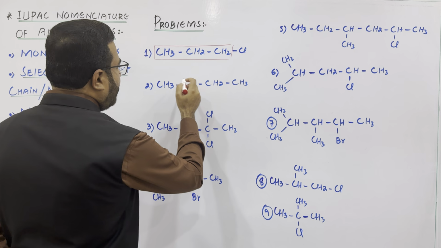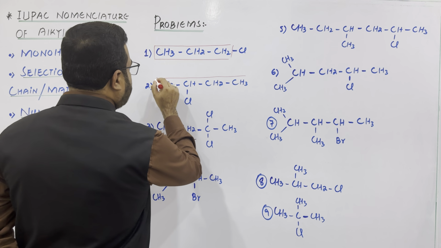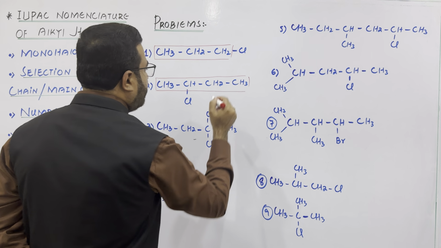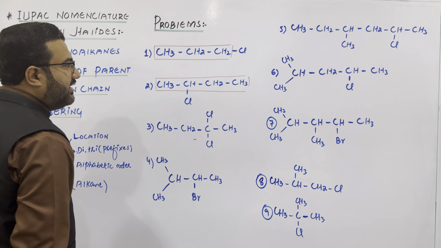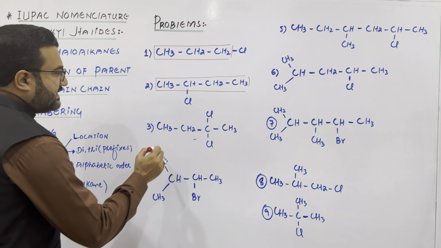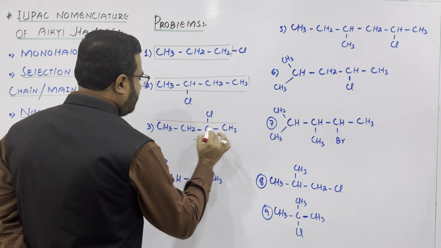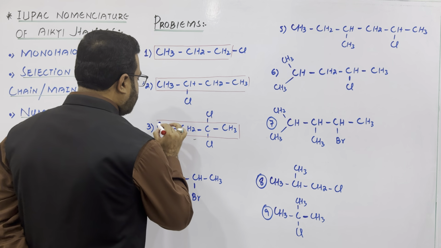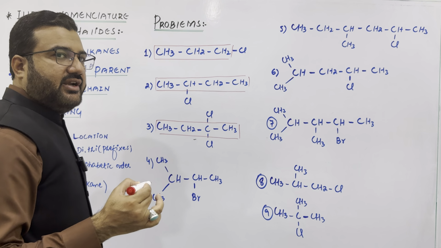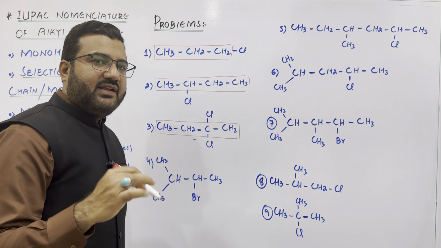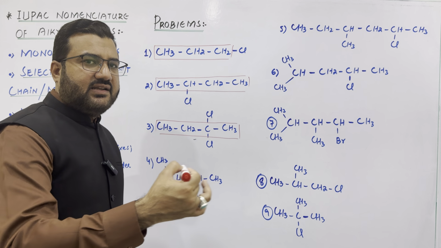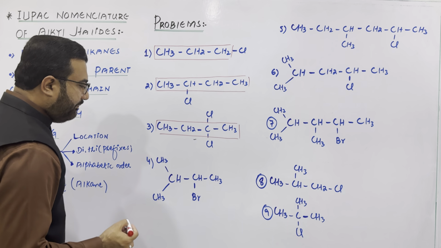In the second example, again, the parent chain will be the straight chain, which is the longest continuous chain, including the alpha carbon in it. Now, in the third case, again, the straight chain will be considered as the parent chain. And in most organic compounds, you will observe while naming them that in most cases, the straight chain is the parent chain.